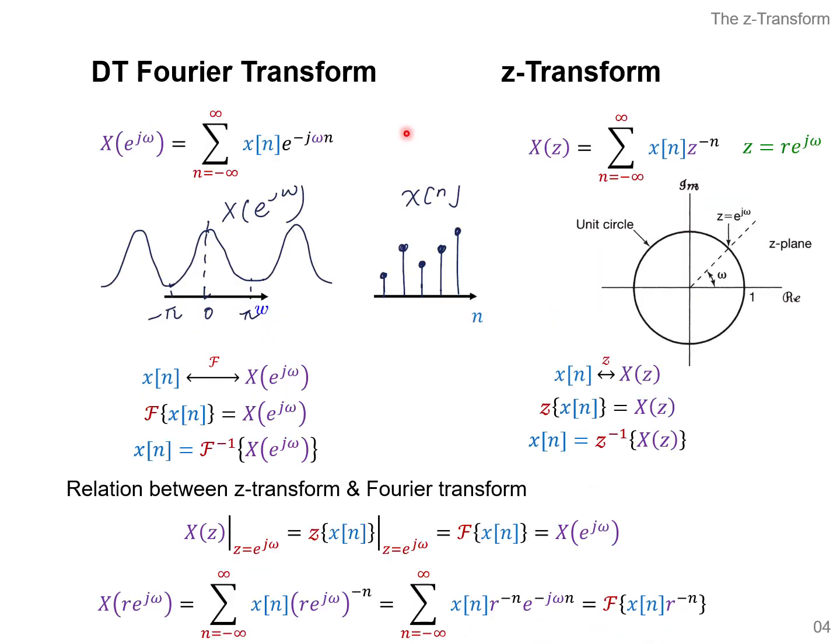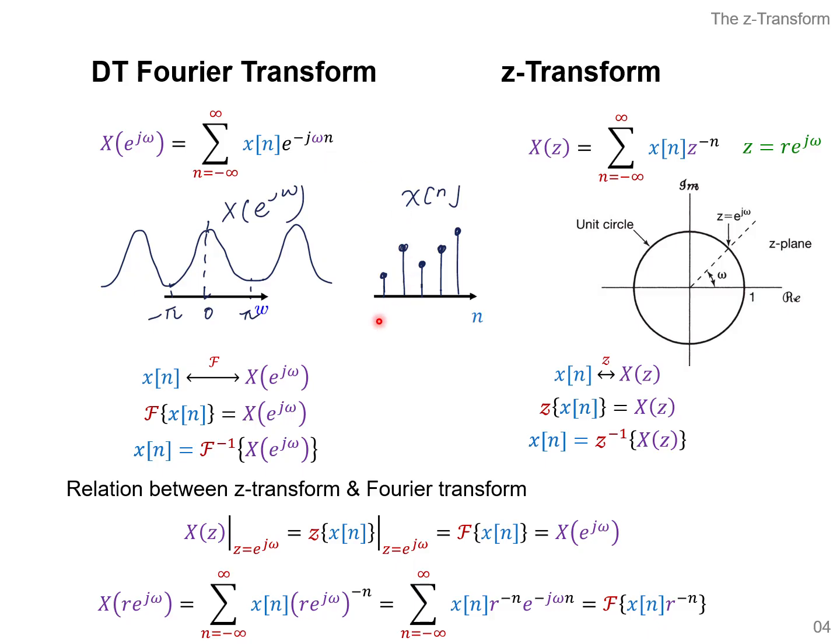Now we look at the relationship between the Z transform and the DTFT. The DTFT changes a discrete time signal x of n into its frequency form x of e to the j omega. It uses e to the j omega. Here, omega is the frequency.